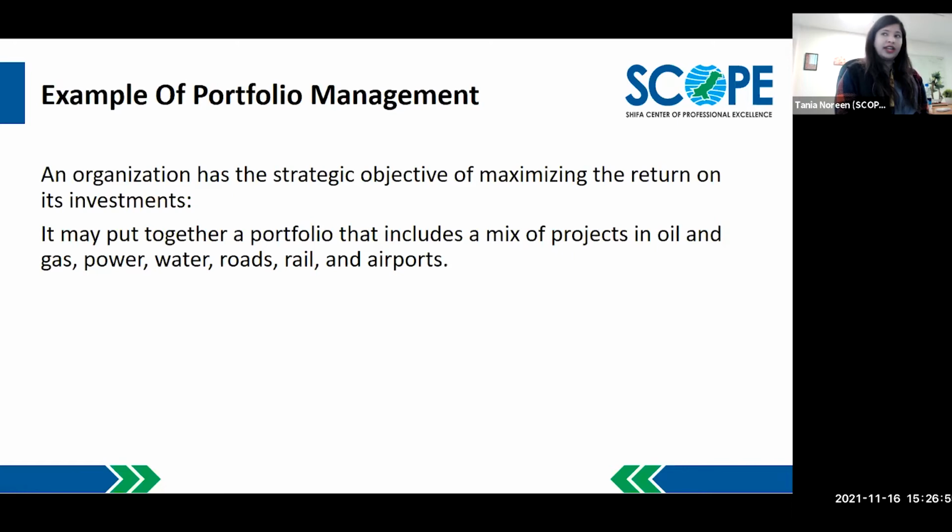You people can write in the chat box or in the Q&A box. Any example which comes to your mind. It might be real estate, that is the best example of portfolio management. What about the mutual funds, the shares, bonds? Those all are the examples of portfolio management.